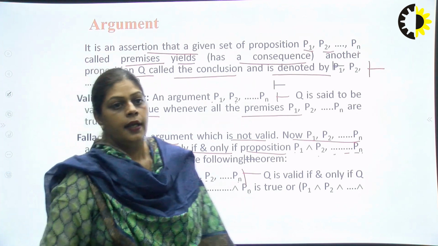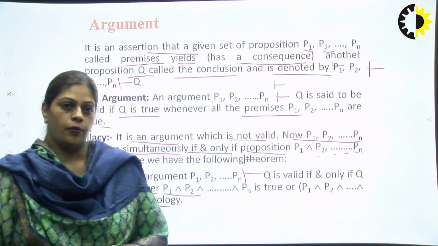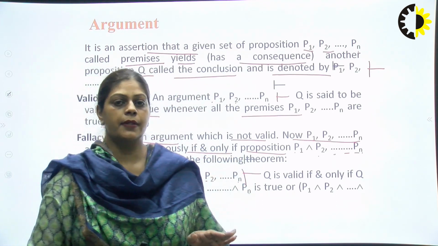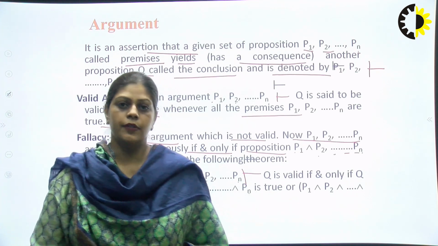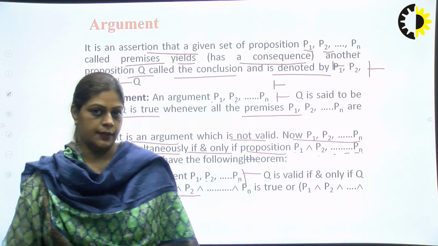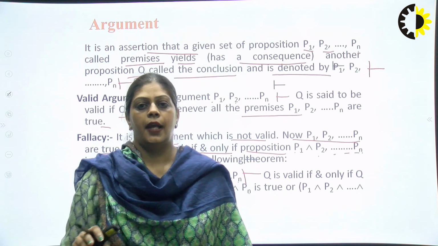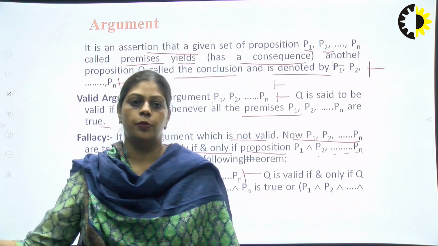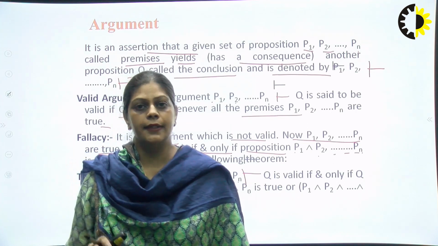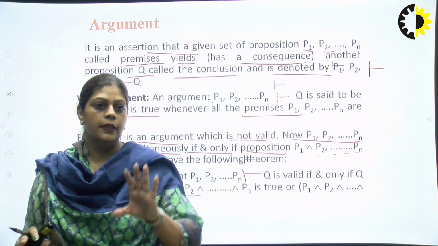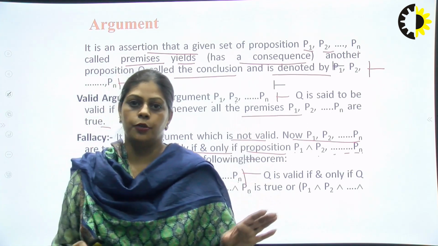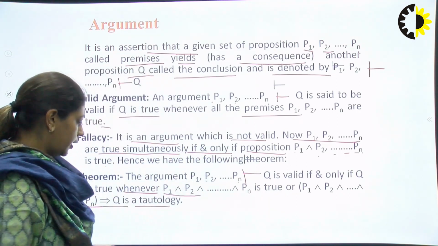The meaning of this theorem is that whatever premises are given, we have to AND all the premises. After performing the AND operation, our ultimate output should be true. This means that the given premises and the given argument is true.